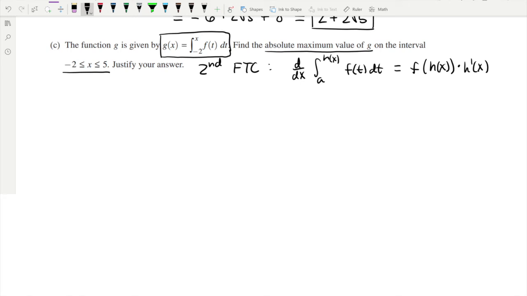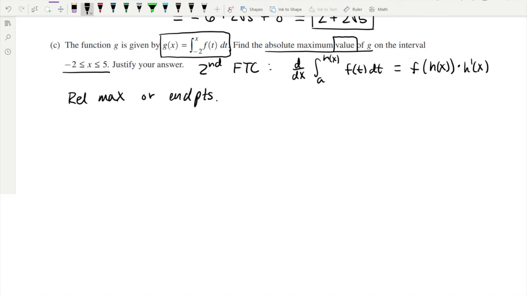But what we're supposed to do is find the absolute maximum value, so a y value here, not an x value, of g on this particular interval. Remember, absolute maximums of continuous functions, maximums or minimums, can happen at relative maxes or mins or endpoints.